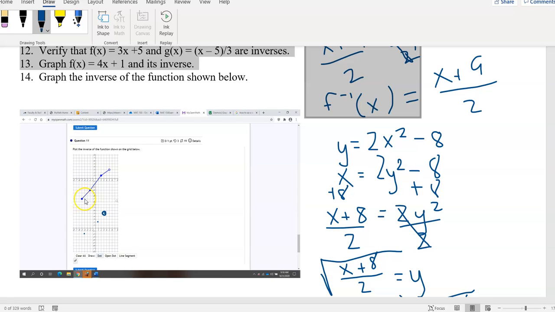And then, let's see, we've got, looks like (-5, -5), so that one's going to stay the same, (-5, -5). And I think maybe this is my (-5, -5), yeah. And then we, of course, will connect those. Hopefully on the test you will be straighter than I am on here. And we've got our inverse.